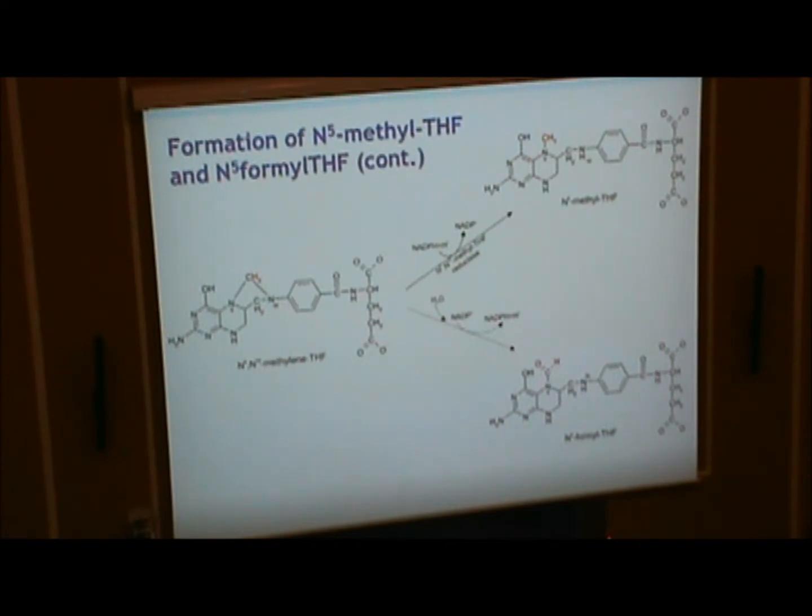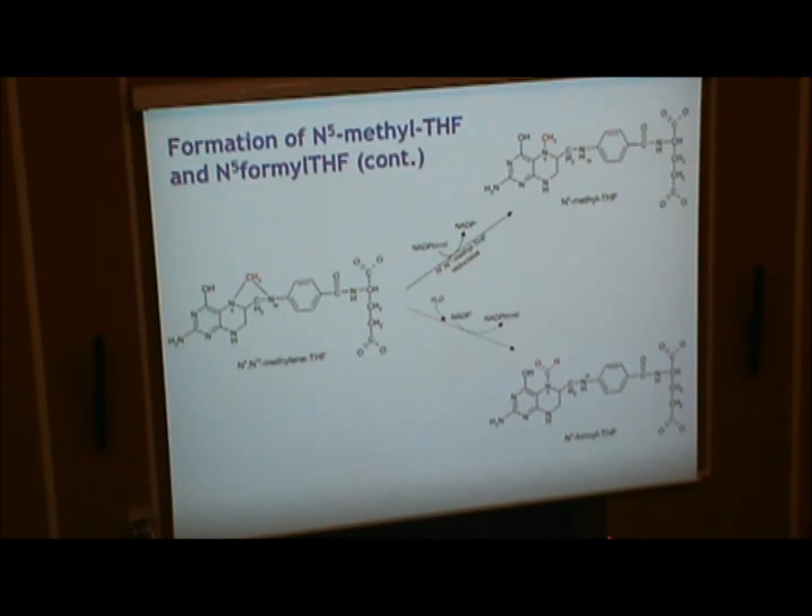In the second case, the CH2 group is oxidized, forming a formyl group. So the reduction of these bonds results in formation of a methyl group. The oxidation of this group results in formation of a formyl group.